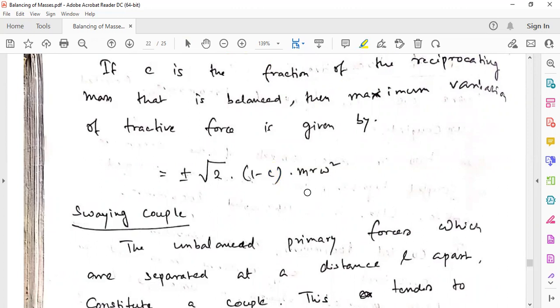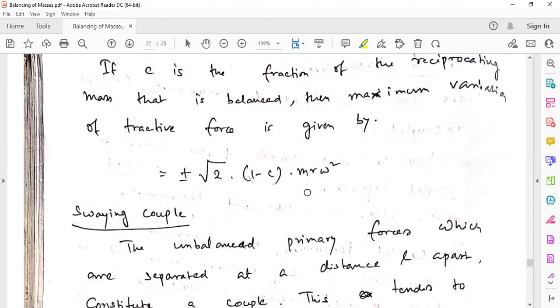I told you in the previous video that c is the balanced portion. Suppose c is some percentage, 50% or 60%. If 60%, c will be 0.6. If 50% is the fraction, then c will be 0.5.